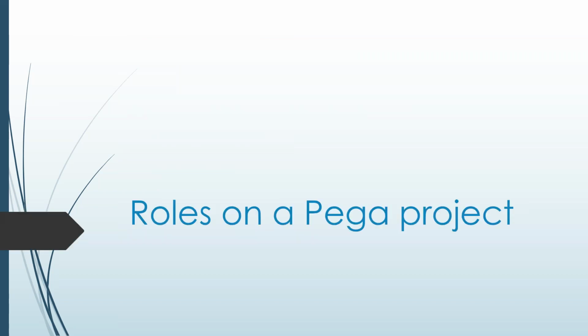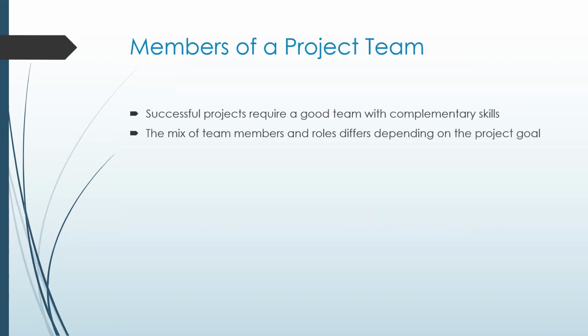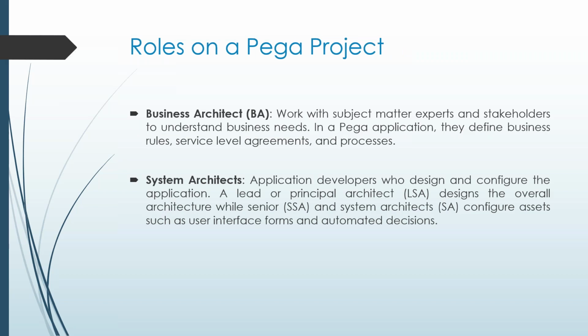So then moving on, we'll just look at what are the roles that are there in a Pega project. Similar to any normal project where we need different sets of people with different skill sets or different expertise, for a Pega project also we have a few predefined roles, starting with business architects.